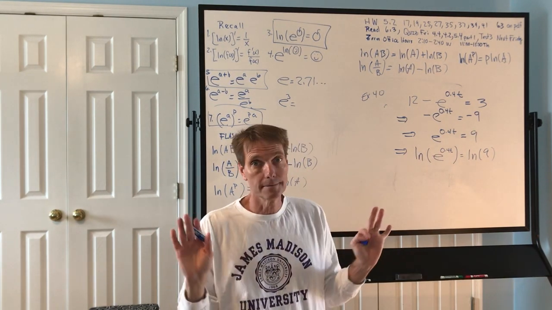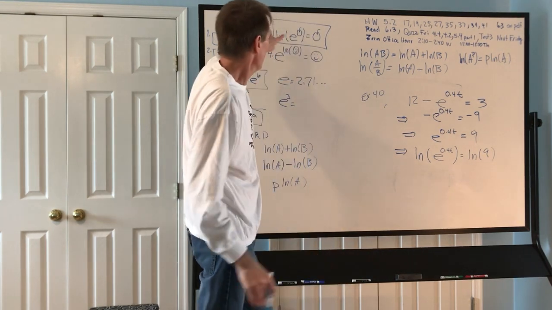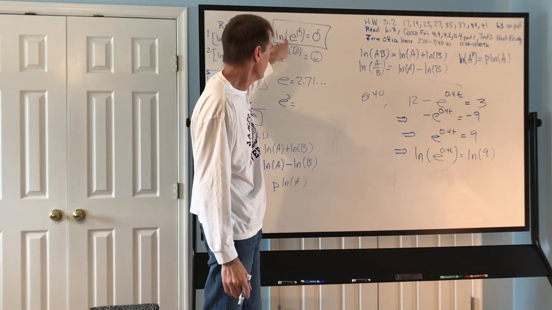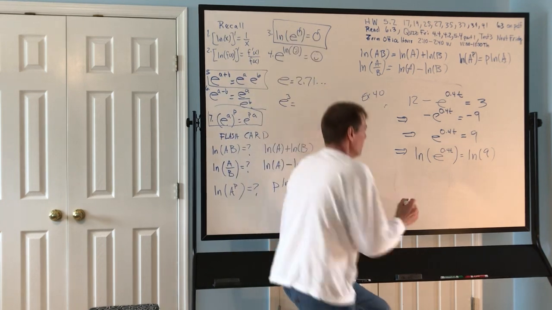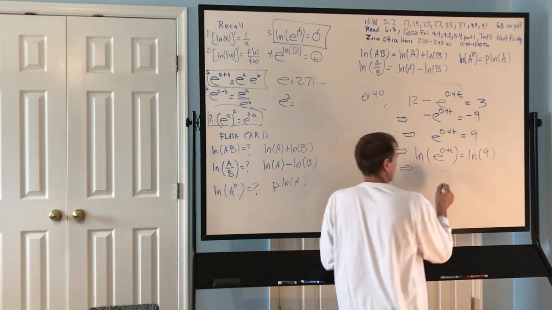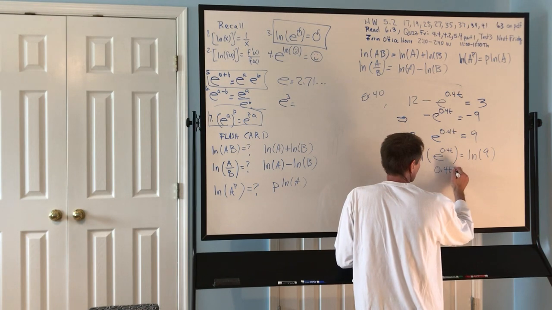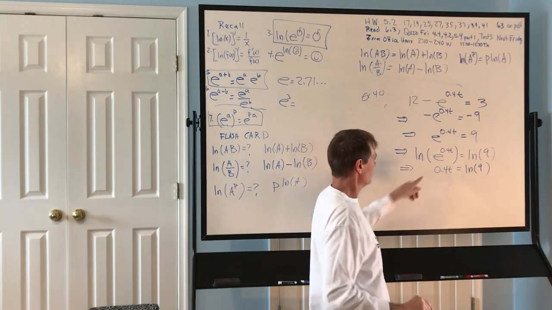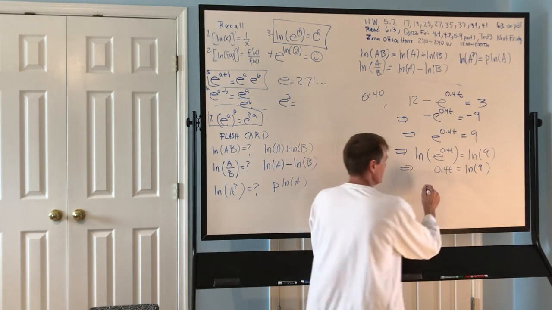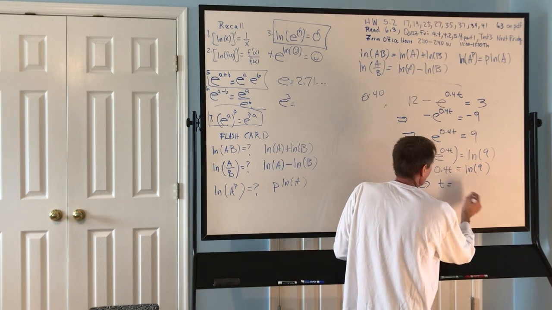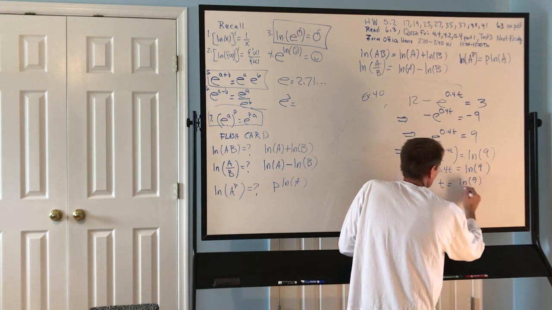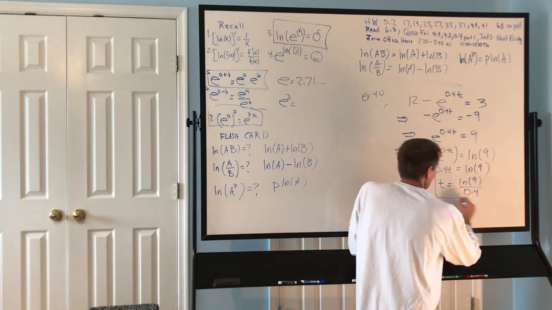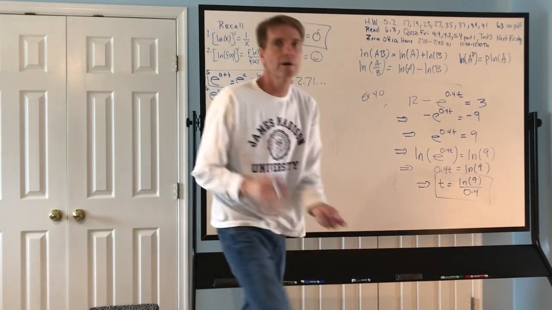This 0.4 times t is like my apple, and the natural log of e to the apple is apple. So I just get 0.4t, and then to get t by itself, all I have to do is divide by 0.4. Then you would take your calculator and find the numerical approximation of that.